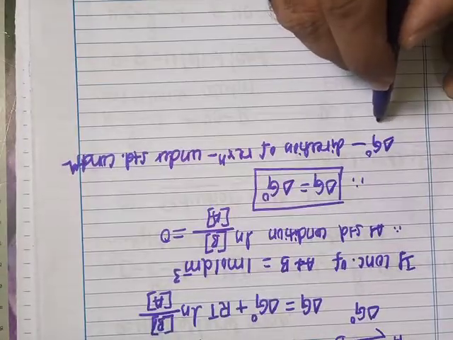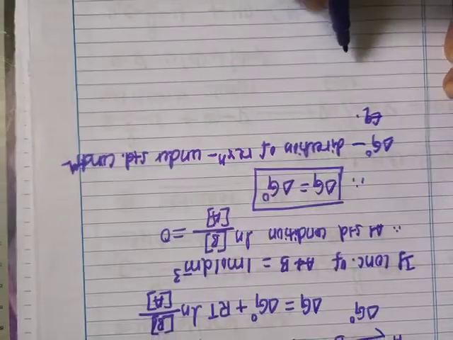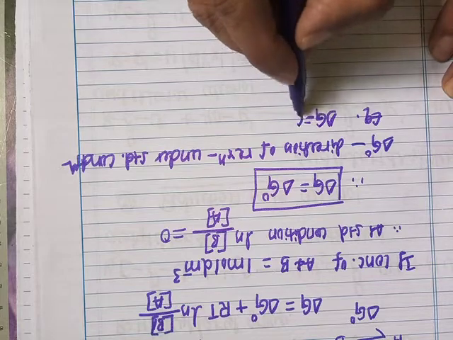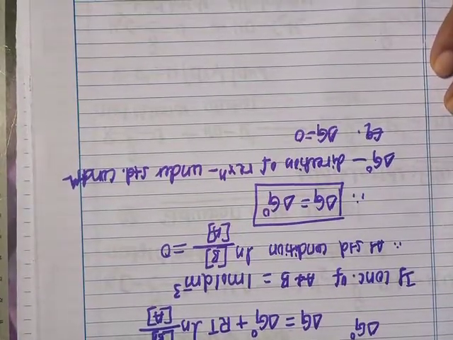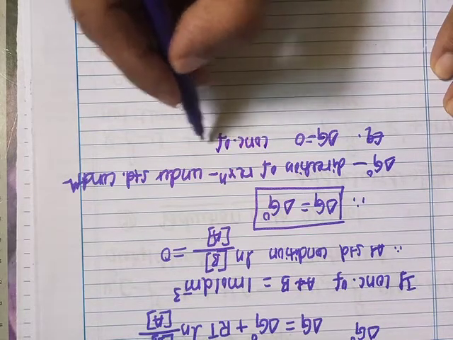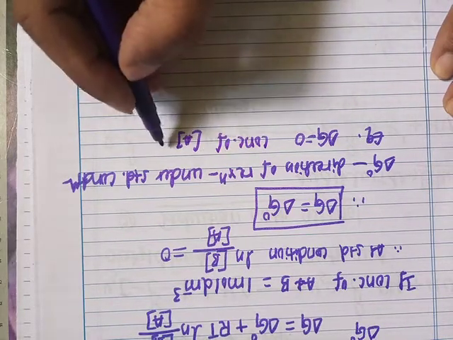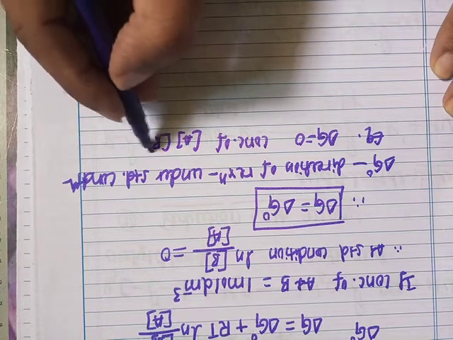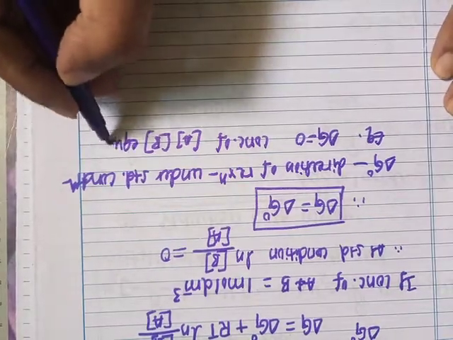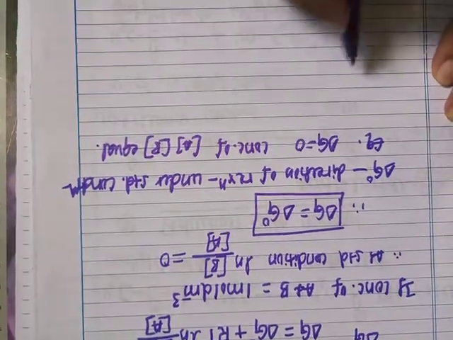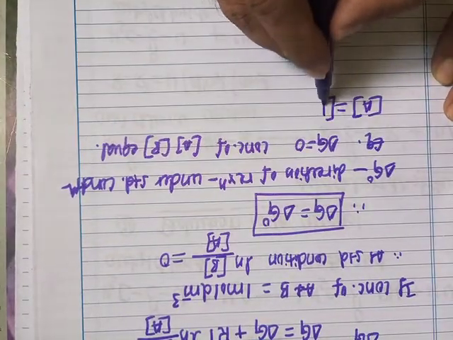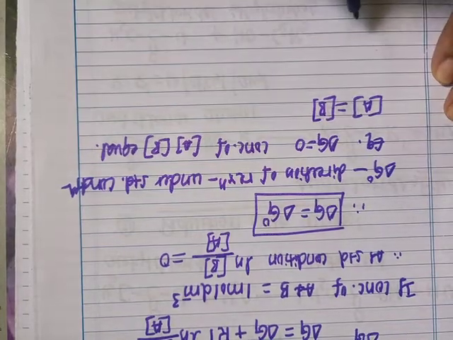When the system is in equilibrium, there is no change in the free energy, so delta G is equal to 0, and the concentrations of A and B are equal. So the concentration of A and concentration of B are equal at equilibrium.